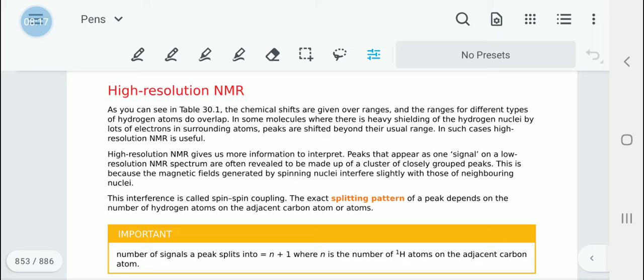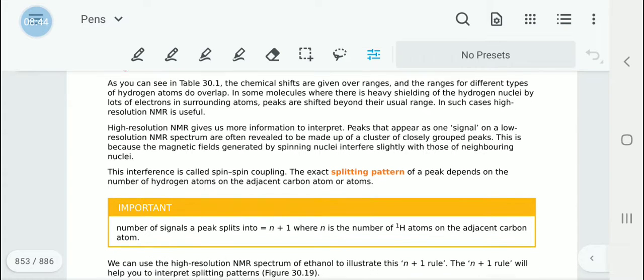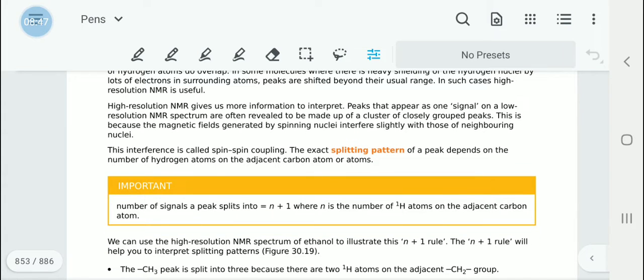In high resolution NMR, one peak that appeared as one peak in low resolution NMR will appear as a cluster of closely grouped peaks, because the magnetic fields generated by these spinning protons will interfere with the neighboring nuclei, and as a result there is more energy interference shown, and this interference is known as spin-spin coupling.